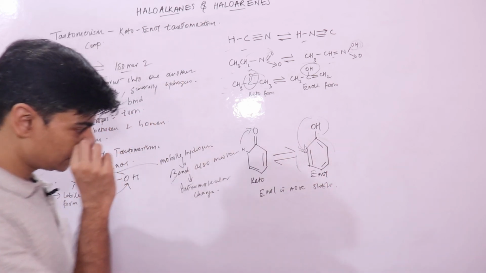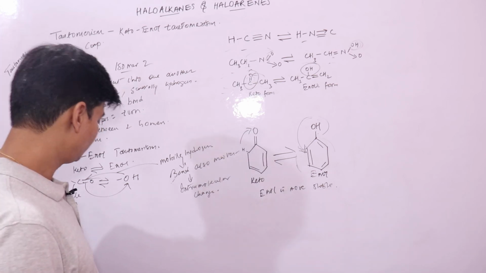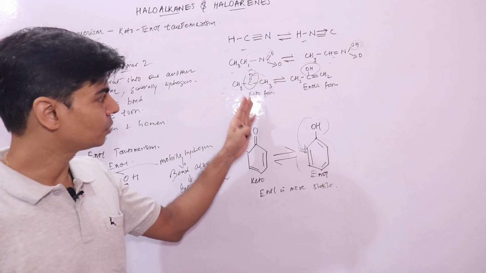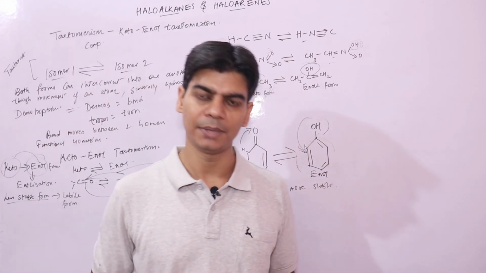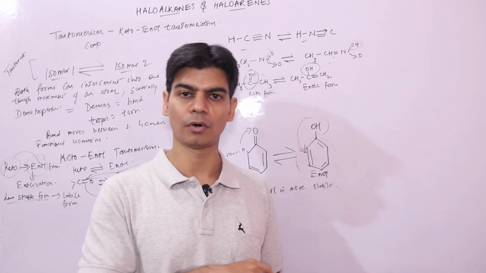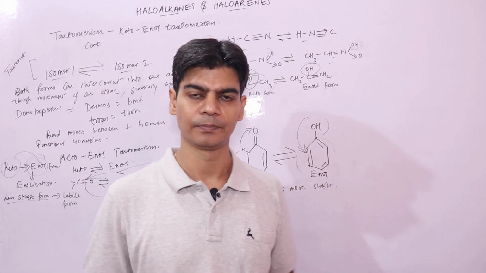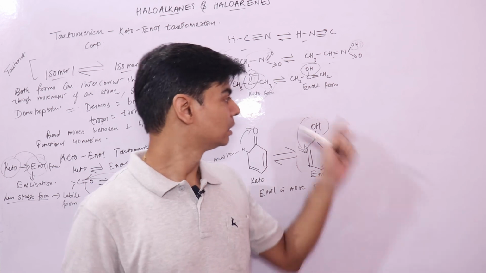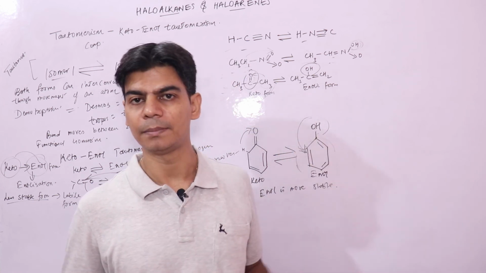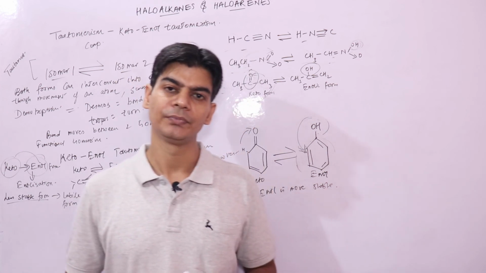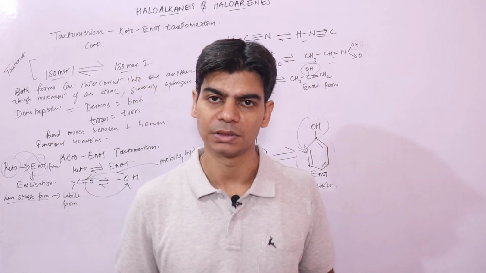Now there is one more important thing: the change of keto form into enol form will take place only if you have alpha hydrogens. Without alpha hydrogens, this change will not take place, or compounds that do not have alpha hydrogens will not show keto-enol tautomerism.